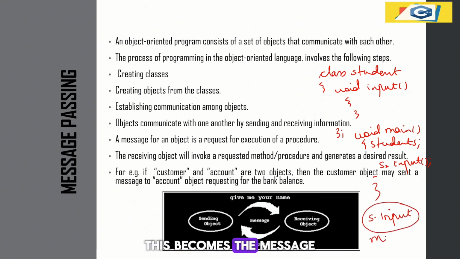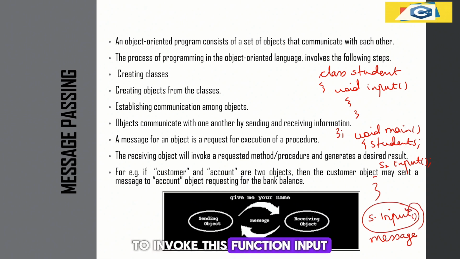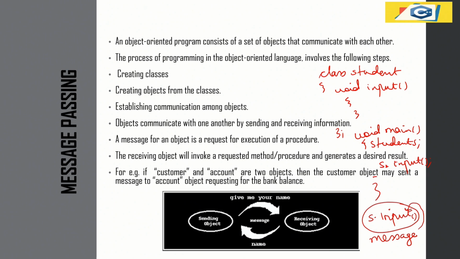This becomes the message to invoke the function input. With s dot input, we are requesting an object for the execution of the procedure. So this is nothing but message passing.